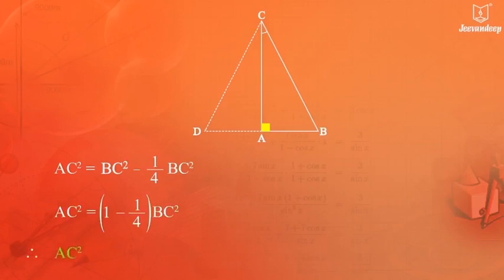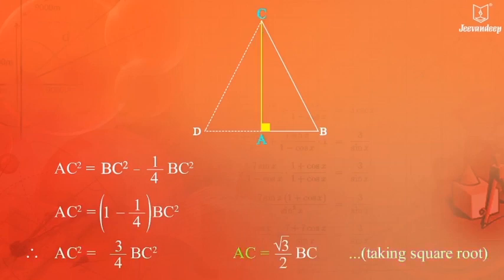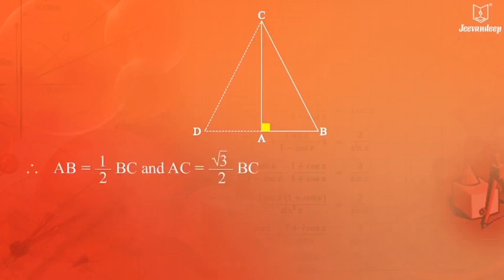Therefore, AC square equals 3 by 4 BC square. Taking square root of this equation, we get AC equals root 3 upon 2 BC. Therefore, AB equals half BC and AC equals root 3 upon 2 BC. Hence, the theorem is proved.